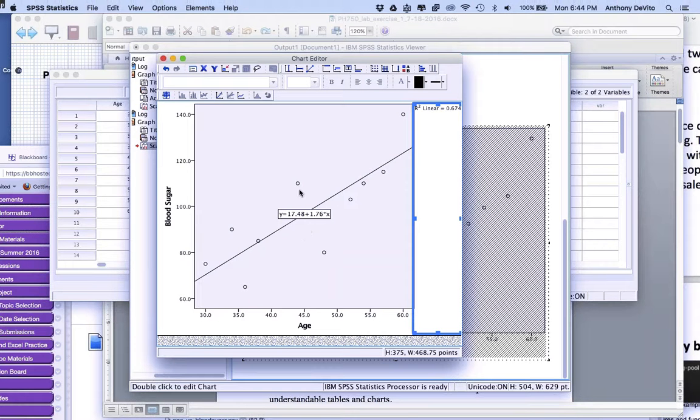Now this one, they don't all land on that straight line, but most of them are pretty close. The closer they are to that line, the more predictable they are, the more tightly associated one variable is with the other, and the correlation is greater.